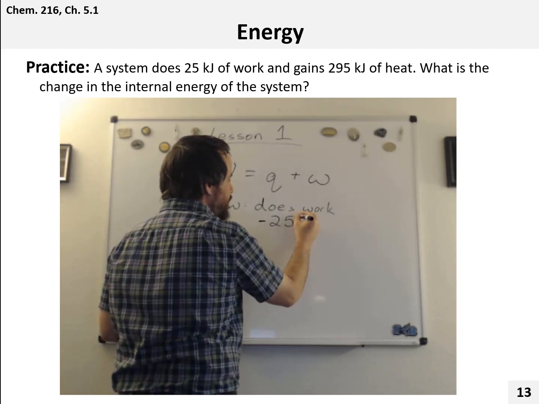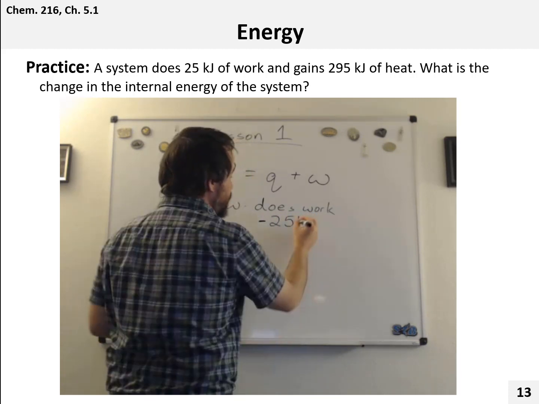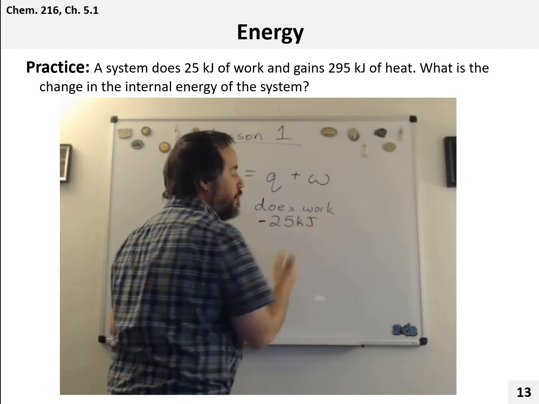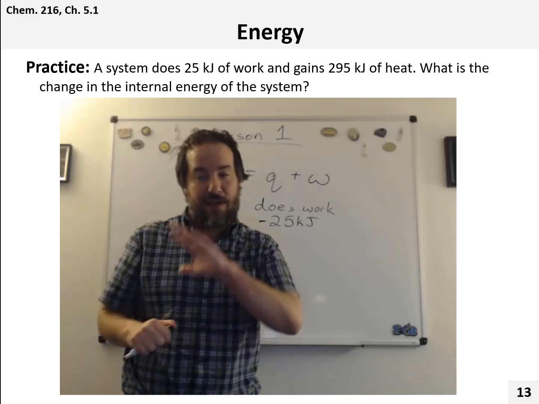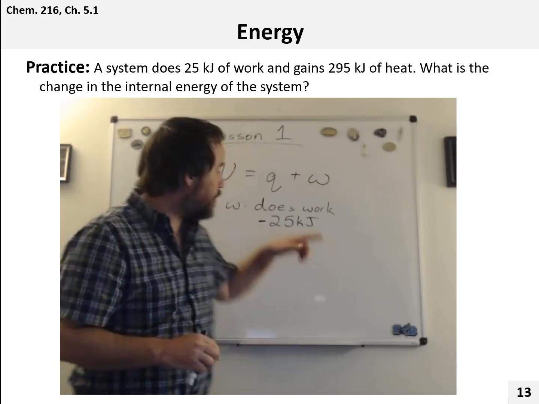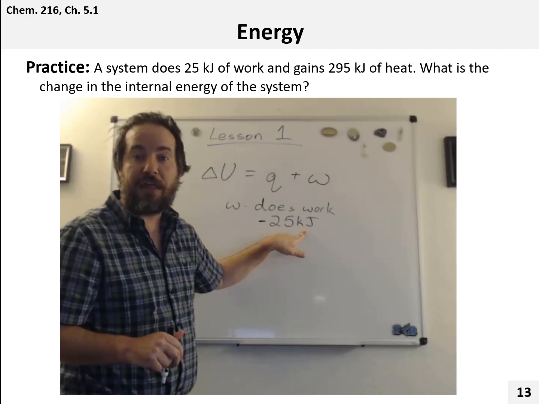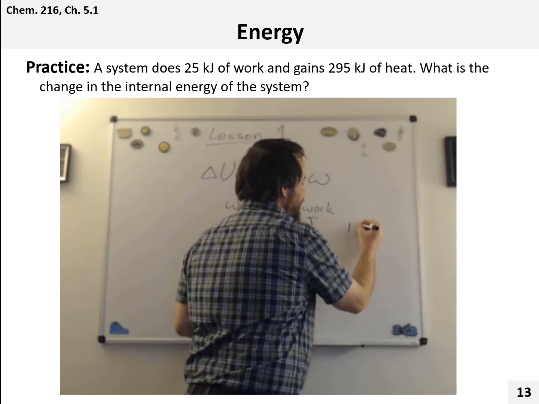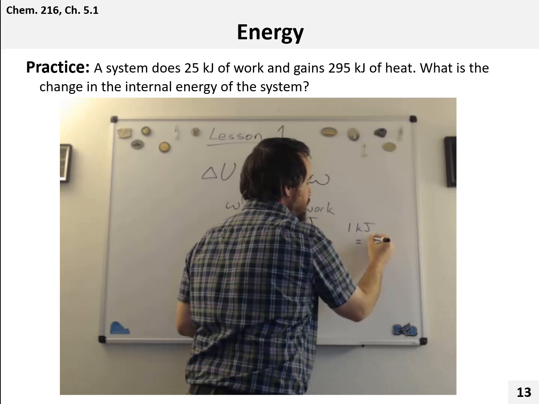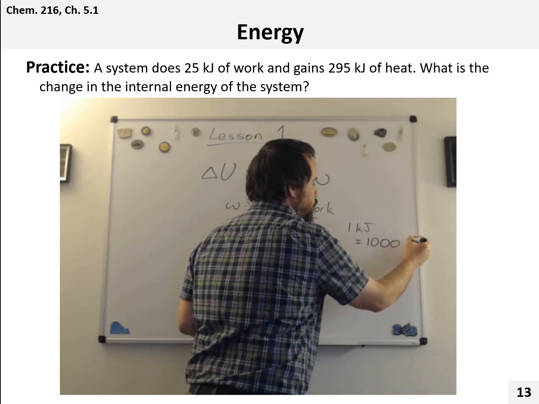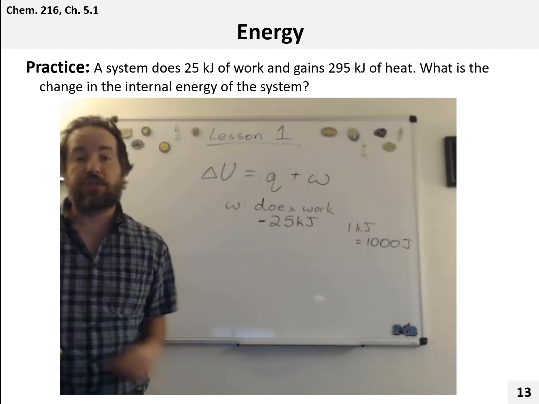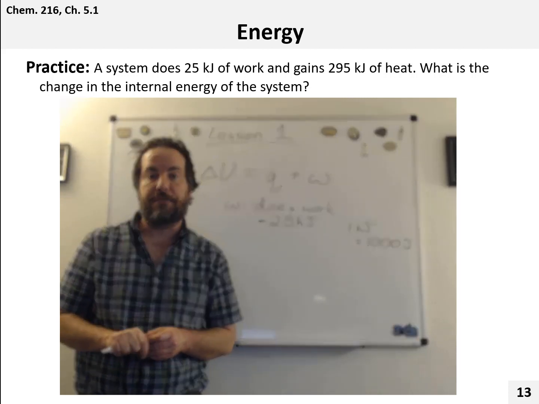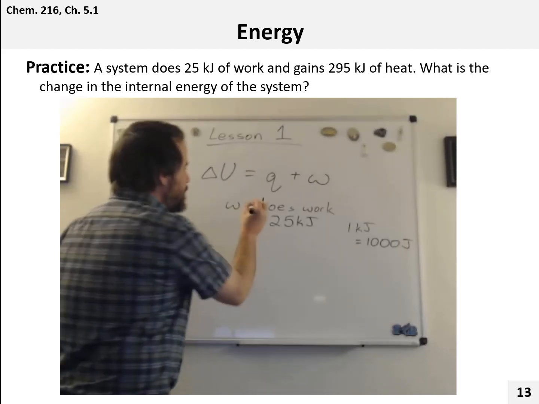That's negative 25 kilojoules. By the way, we'll talk more about this later, but remember, in the same way that 1 kilometer is 1,000 meters, 1 kilojoule equals 1,000 joules, where joules is the unit of energy. Okay, so that's my W.